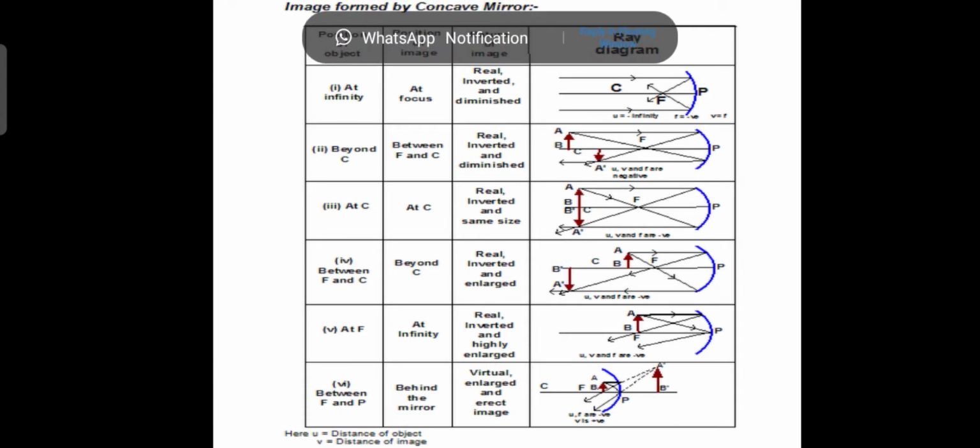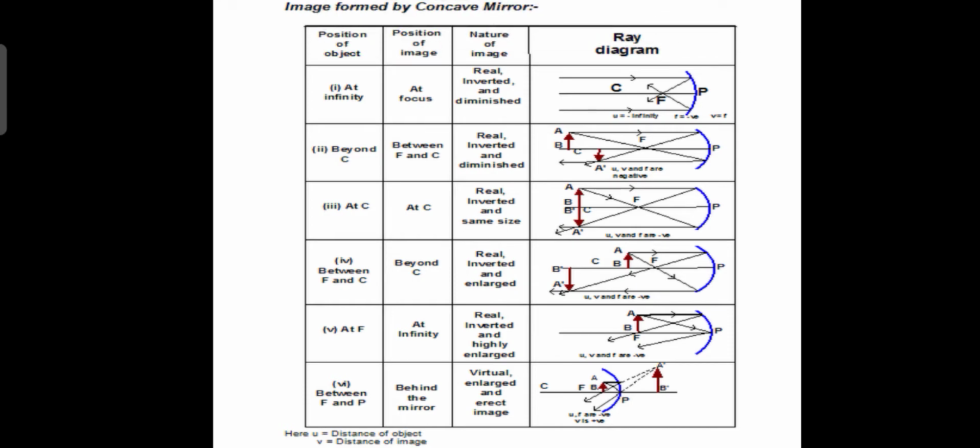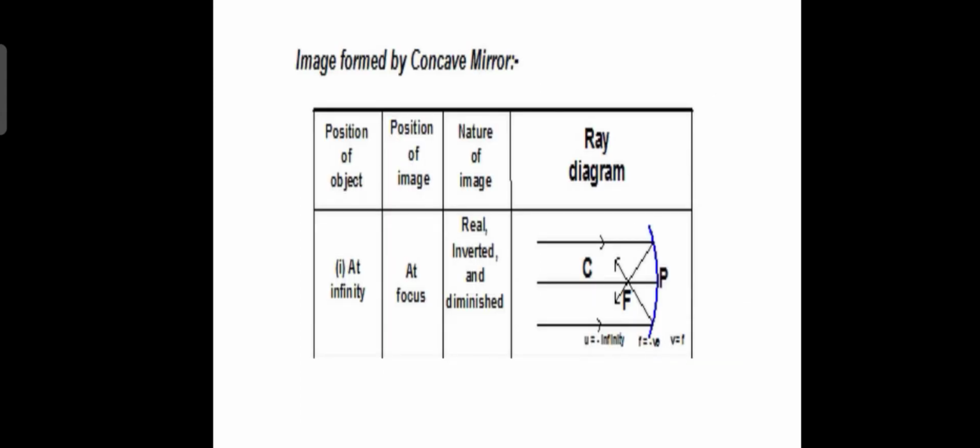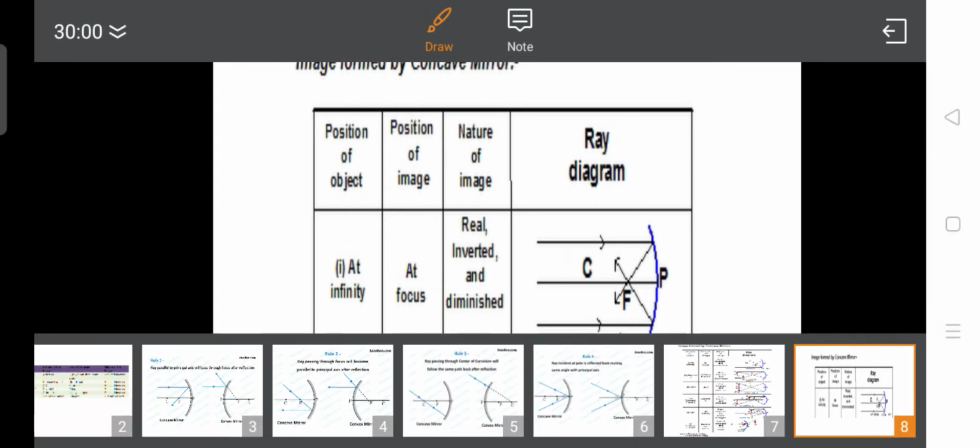We want to consider at which position the image is formed by considering the position of the object at different places. Now we are going to look at each one. First, the object is placed at infinity.